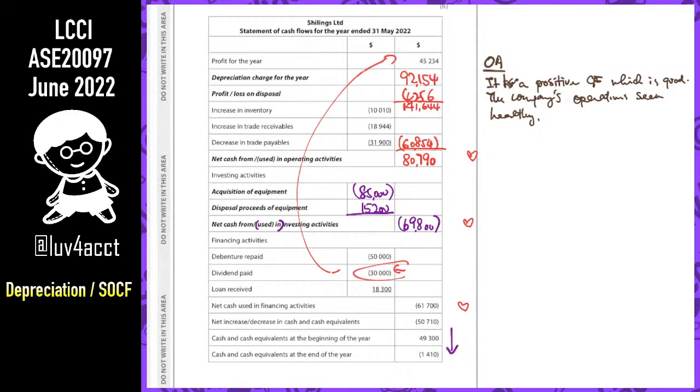Next part, investing activity. The company spent a lot of money, 85,000, for the purchase of new equipment. It contributes much to the overall decrease.